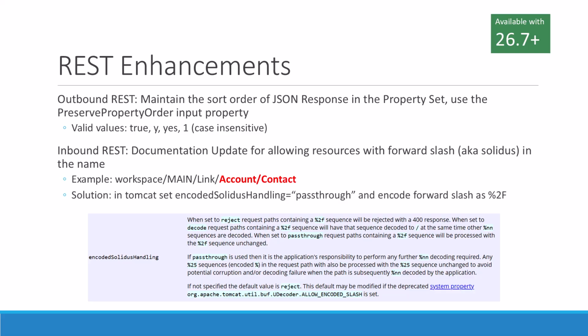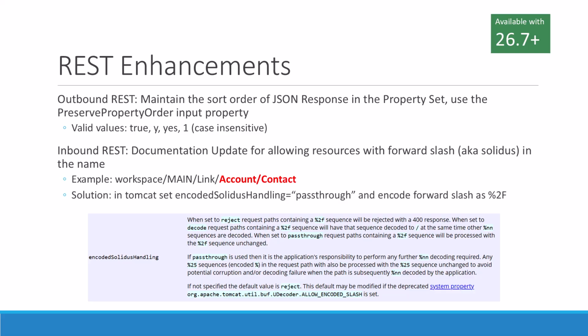With the inbound REST API, especially the workspace REST API, accessing a resource with a slash in the name means trouble. Slashes are natural parts of a URL. So, for example, accessing a link named account/contact doesn't work, and encoding the slash as %2f doesn't help either.